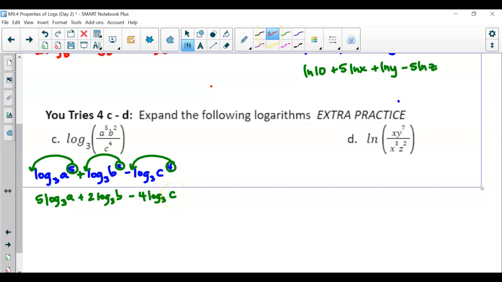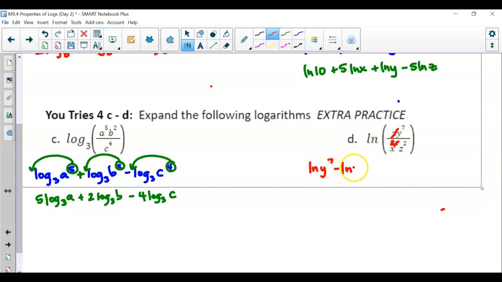So now the natural log. So here, always, now I'm going to look to see if I can simplify. I have only one x here, x, but over 3 x's, x to the third. So now we're just left with 2 x's in the denominator. So the natural log of y to the seventh, but then we're dividing.